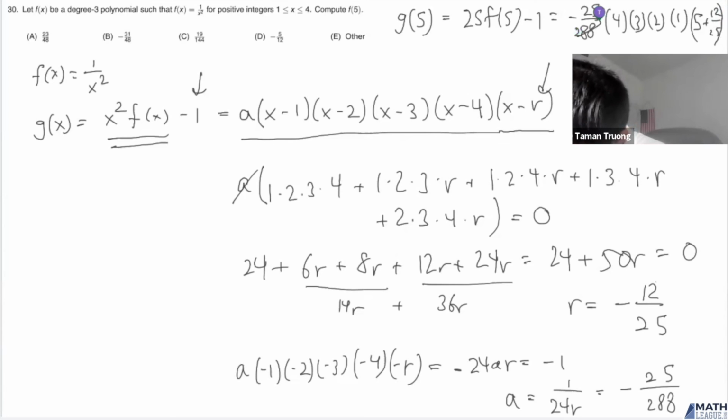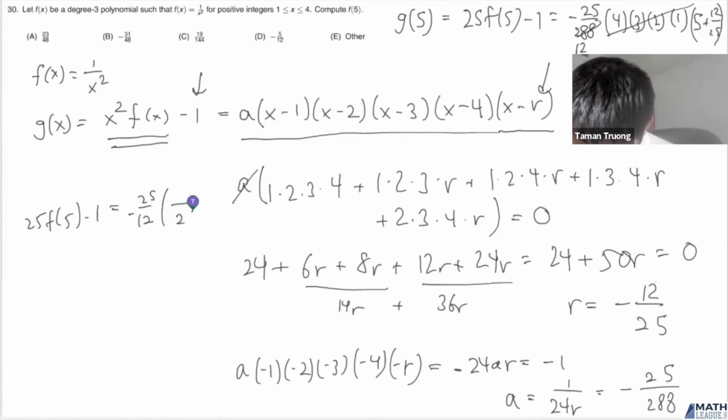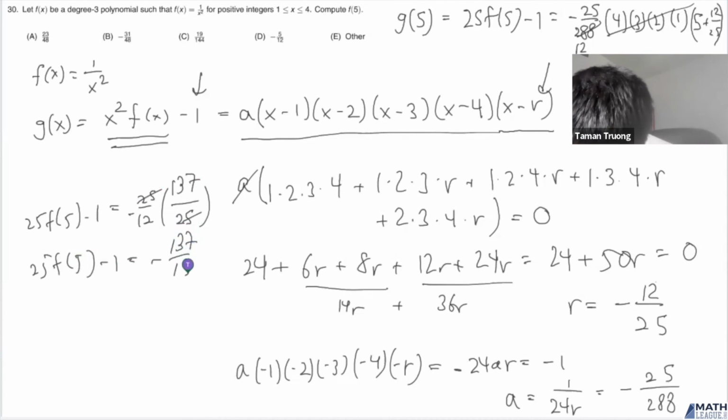We see that 120 and 24 cancel down to 12 here. 25 f of 5 minus 1 equals negative 25 over 12 times something over 25. That is 137. So we see that 25 f of 5 minus 1 is minus 137 over 12.